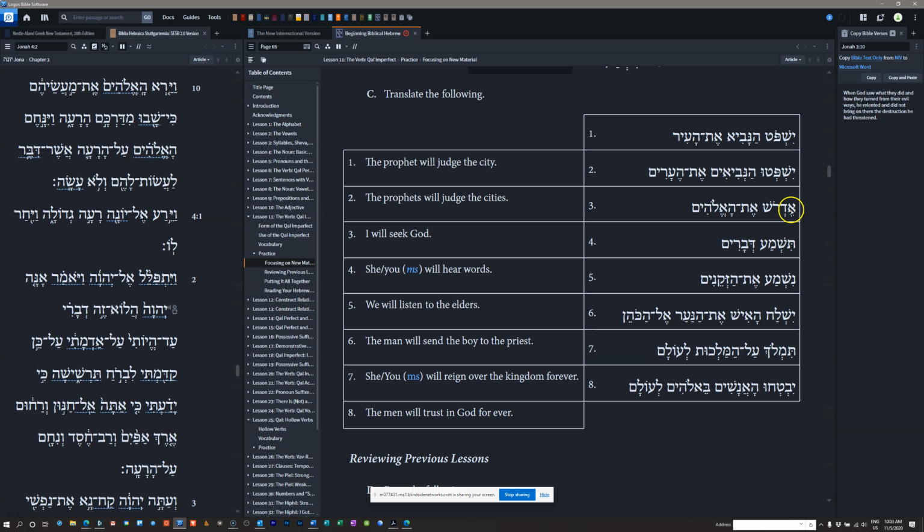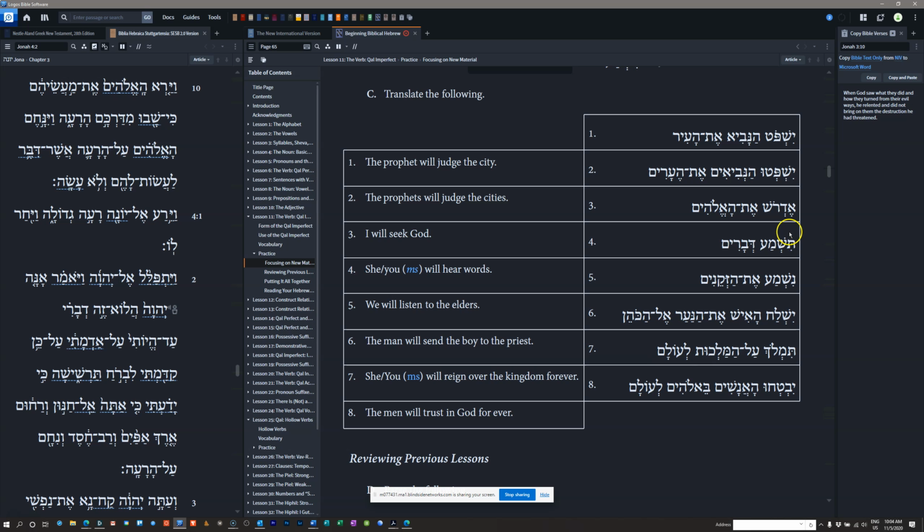So in a first person verb, we often do not have an explicit subject because really the only possible explicit subject would be the pronoun I, which would be ani or anokhi. So frequently first person verbs do not have an explicit subject. So if we pull out the subject, then the next thing we would expect is the object. I will seek what? Et ha-Elohim. I will seek God.